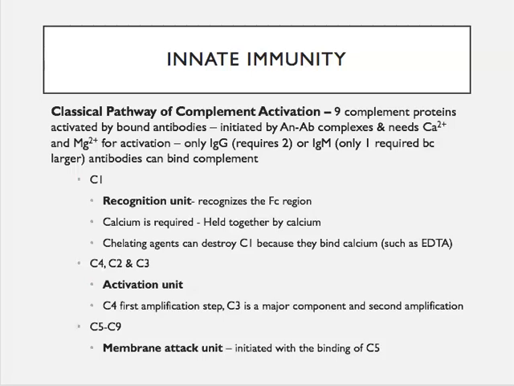Remember, antibodies are what are produced in response to a foreign invader. We do have some naturally occurring antibodies. So they're initiated by those antigen antibody complexes, the binding of the antigen with the antibody. It needs calcium and magnesium for activation.